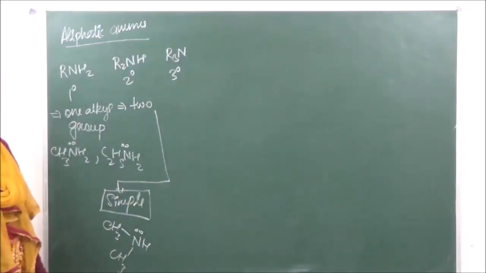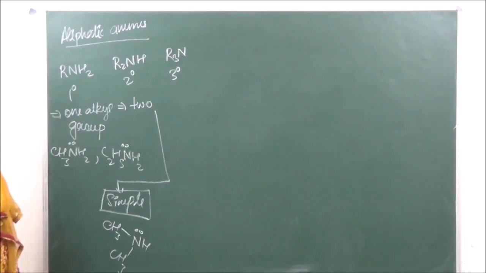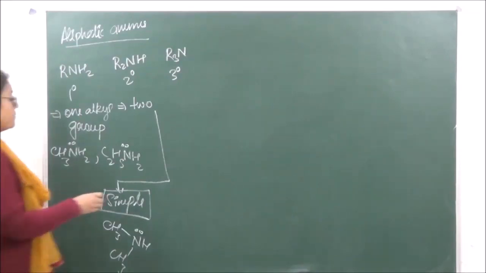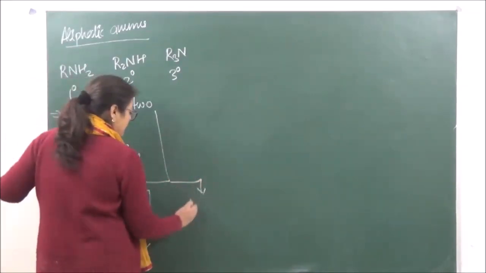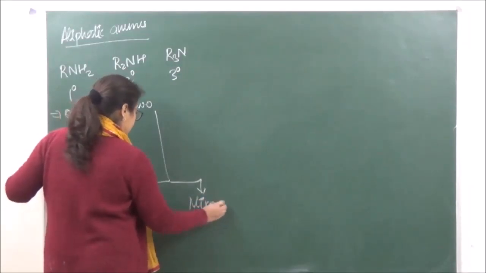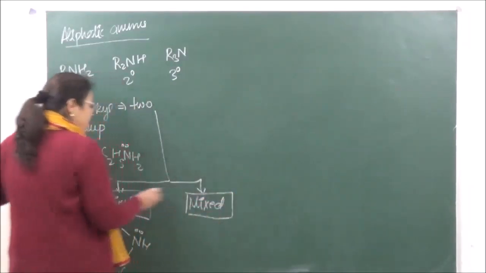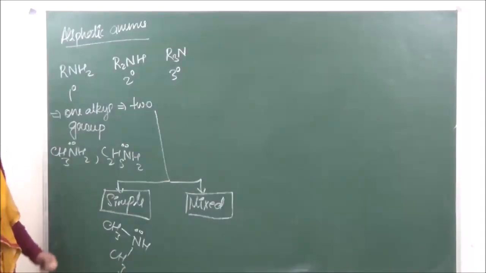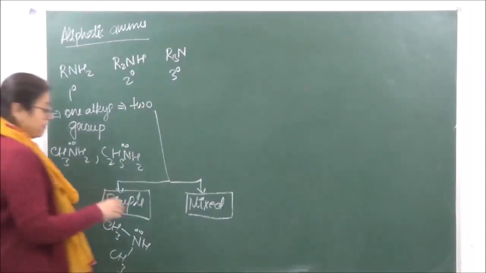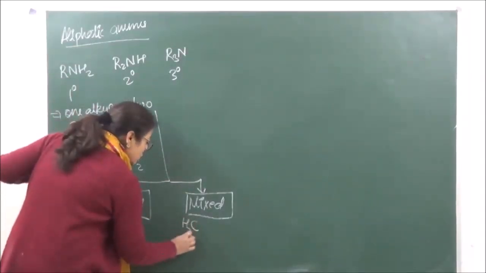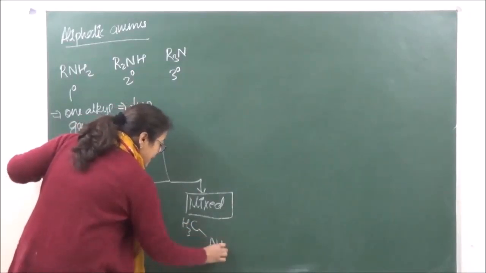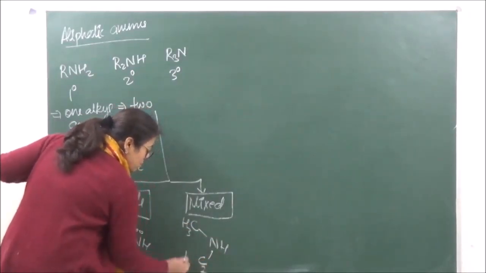This is a simple amine where both the alkyl groups are the same, dimethylamine, right? Or they may be mixed. Mixed means both will be different, right? For example we have CH3 NH C2H5.